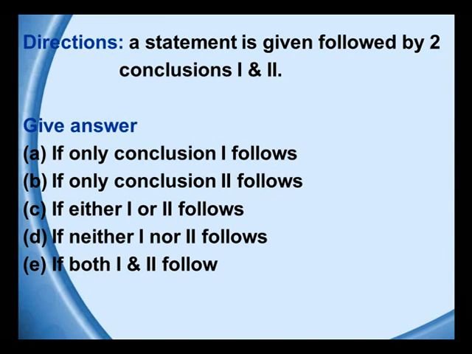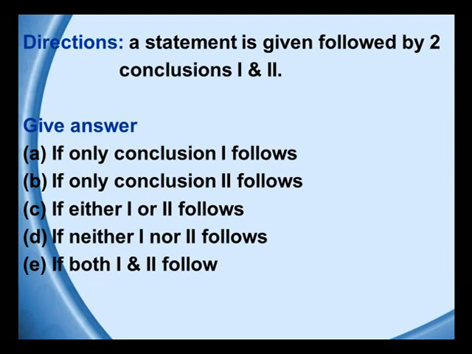If either 1 or 2 follows, in that case your answer is choice C. If both follow, that means both conclusions 1 and 2 follow, in that case you should mark choice E as your answer. If none of the two follows, that means neither 1 nor 2 follows, then your answer is choice D.